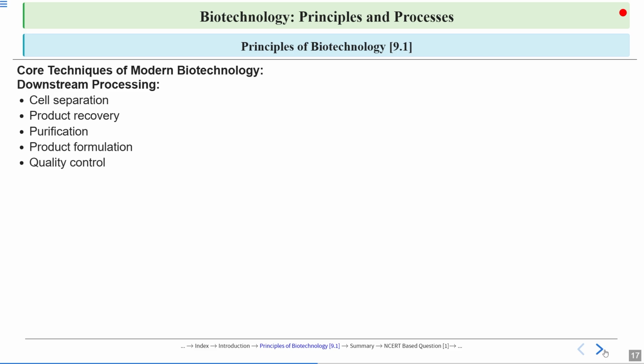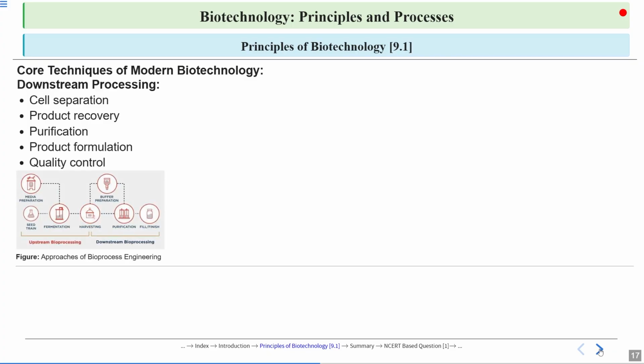Then we have to see the quality control, which is one of the most important steps before taking our product to the market. We have to see all these steps very carefully. Without this, it would not be possible to take our product into the market. Here is the same figure that has been shown.